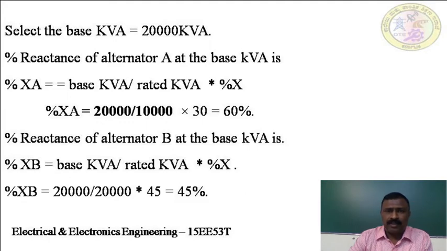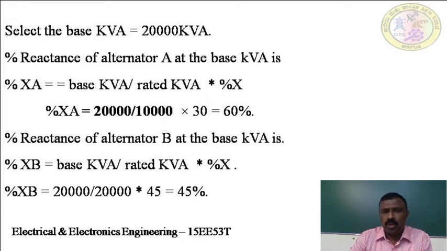Once you select the base kVA, then we have to convert the rated percentage reactances to the base kVA. Therefore the percentage reactance of alternator A at the base kVA is equal to base kVA divided by the rated kVA multiplied by percentage X rated.